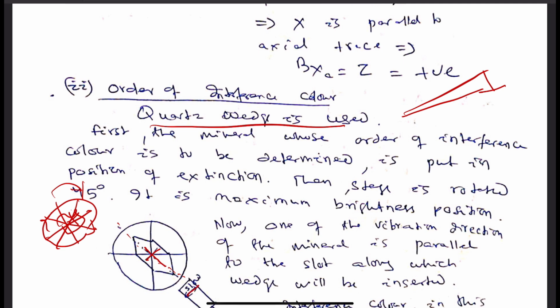When the fast direction of the accessory plate is being pushed, the order of interference color is noted before pushing and after pushing.